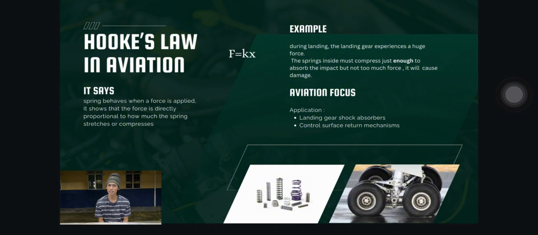If it compresses too little, it won't absorb enough energy and the impact will transfer to the aircraft body. So, engineers use Hooke's law to calculate exactly how much force a spring can handle and how much it should deform under that force. This ensures that the system remains safe, efficient, and reliable during operation.